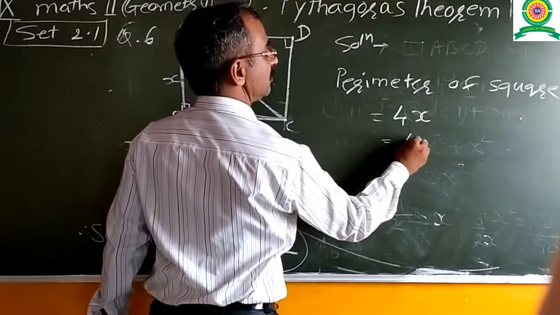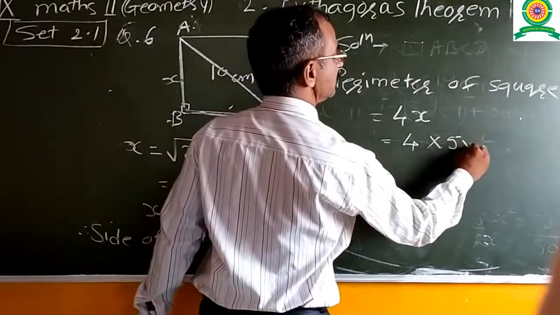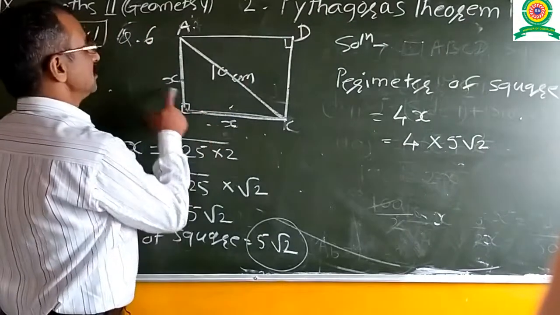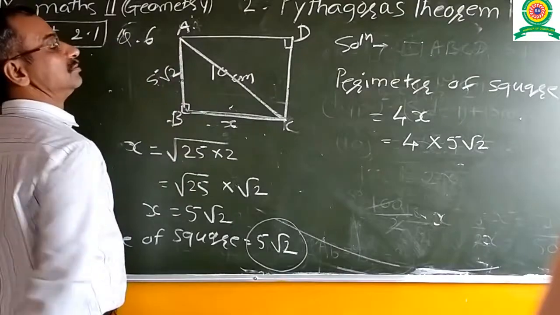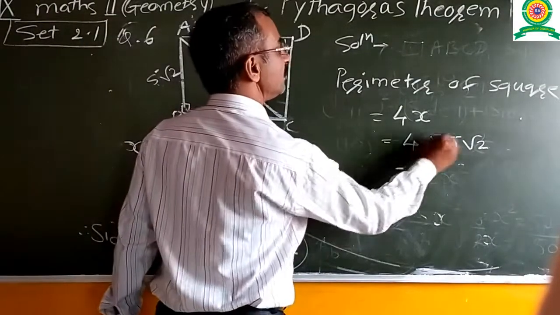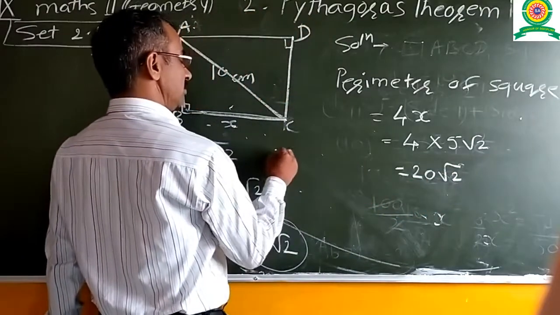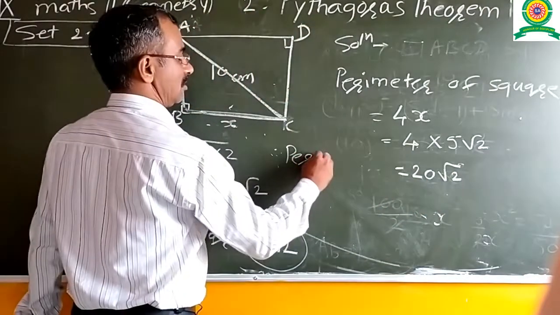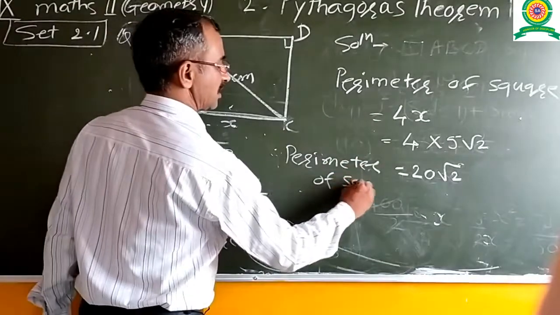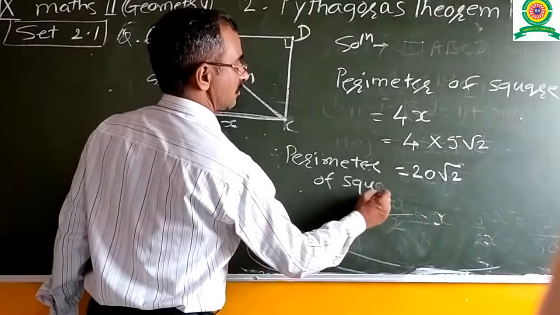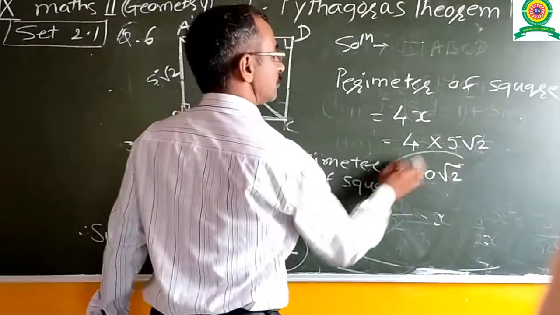Therefore, 4 into the value of a side, 5 root 2. So 4 into 5 is 20, root 2 remains as it is. Therefore, the perimeter of the given square is 20 root 2 units.